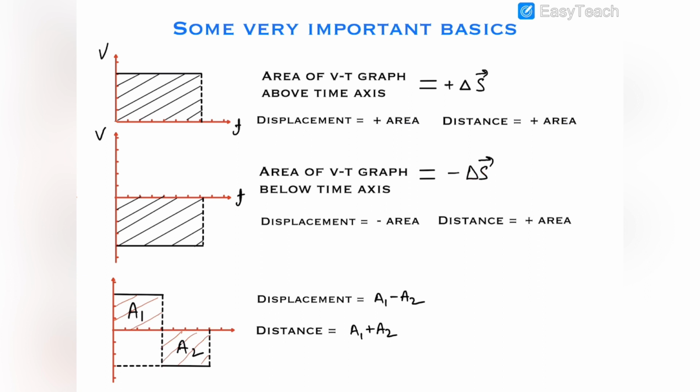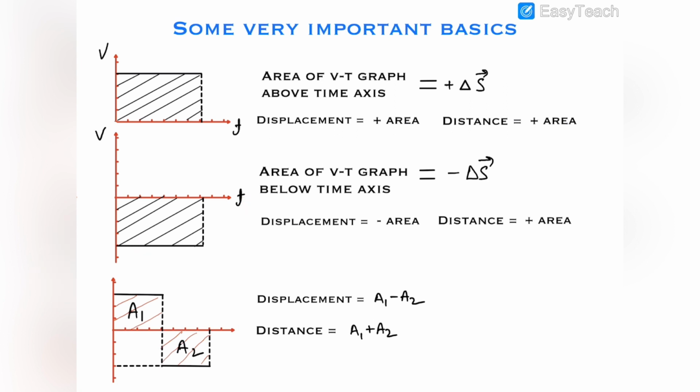It is due to the fact that in this case you can see that the velocity time graph is in fourth quadrant. So in fourth quadrant, y-axis is negative and x-axis is positive.